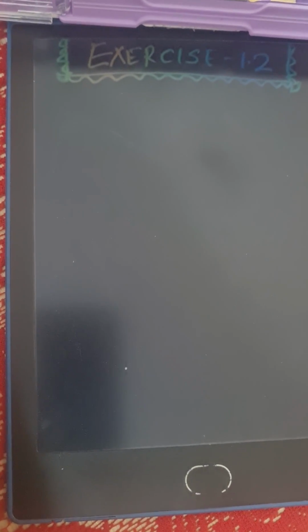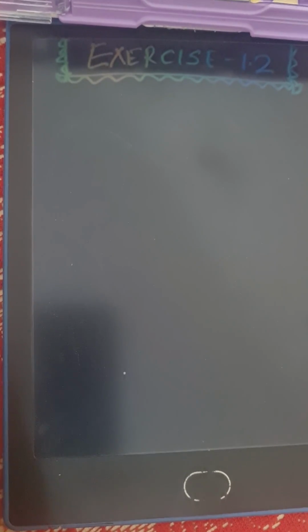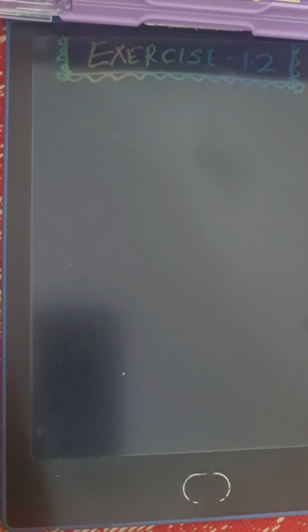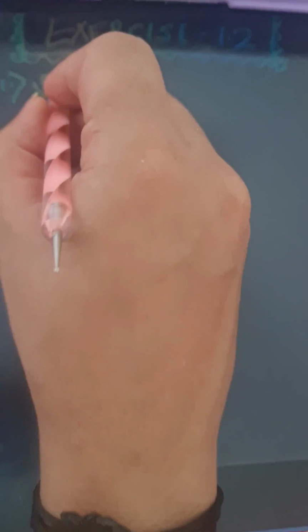So we can prove that root 5 is an irrational number by first assuming the contradiction of this. That is, let's assume that root 5 is a rational number.